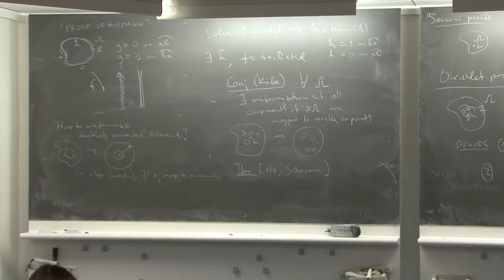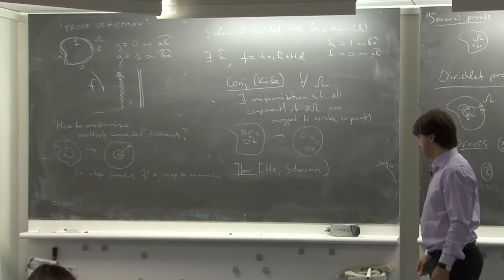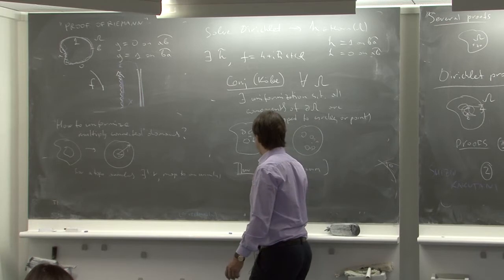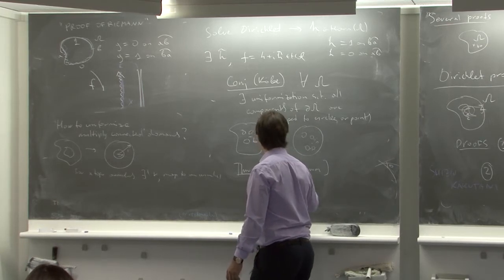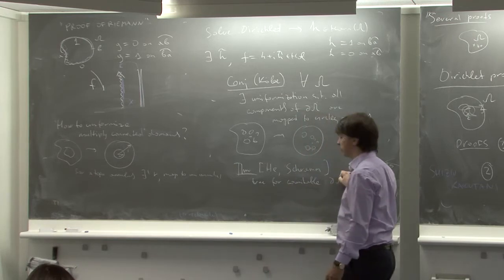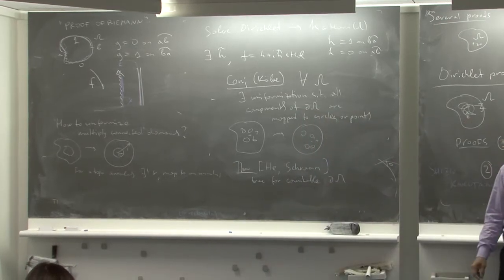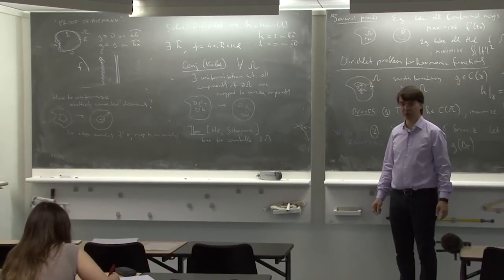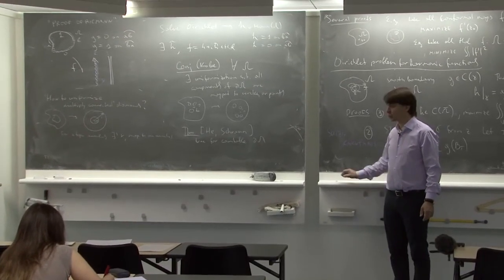They were, I think, postdocs with He in San Diego, and they wrote about 5-6 papers. So this is true for countable cardinality of the boundary of omega. If the boundary has countably many components, this is known. For uncountably many, it's not known. It's a big open problem. And maybe it's not logical to ask.